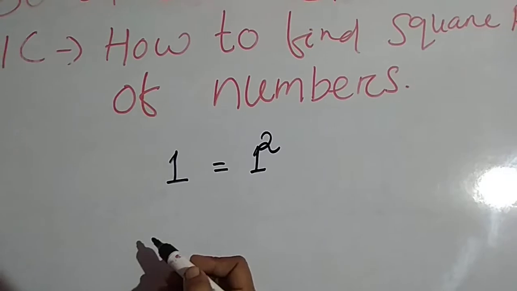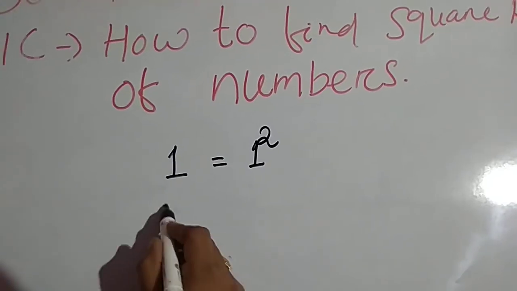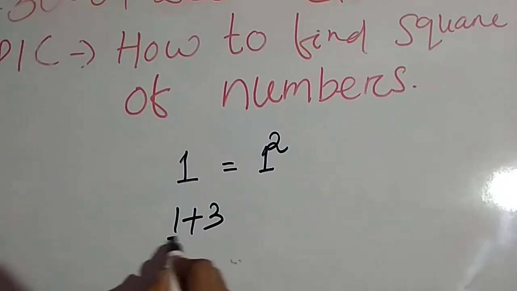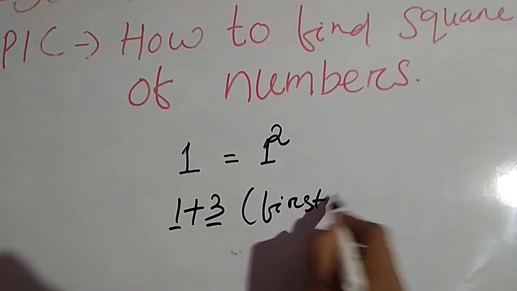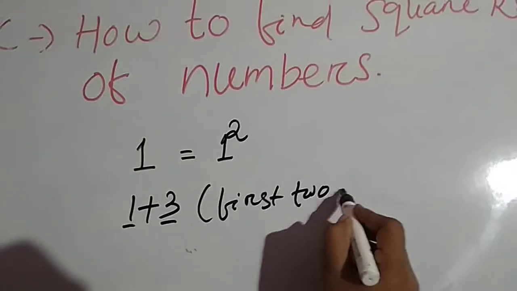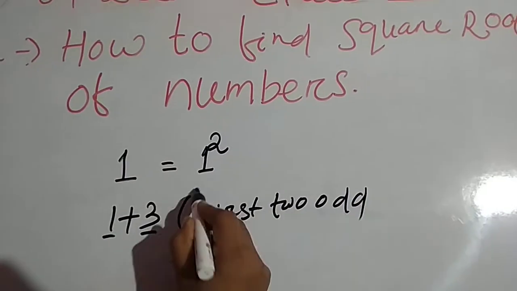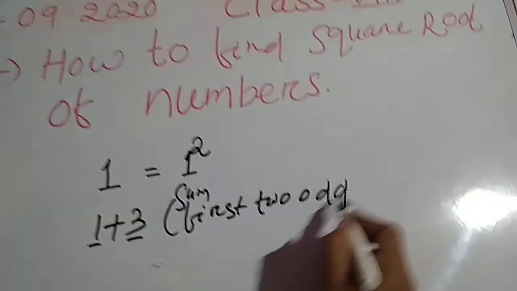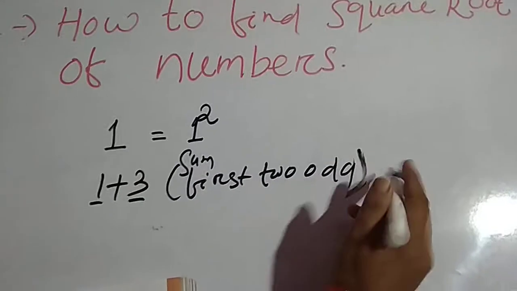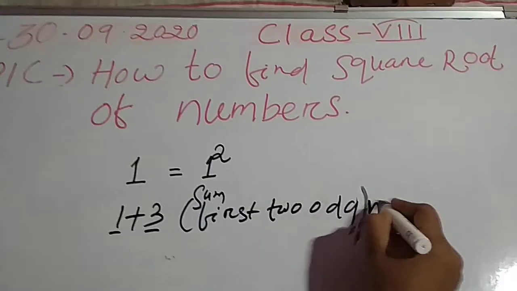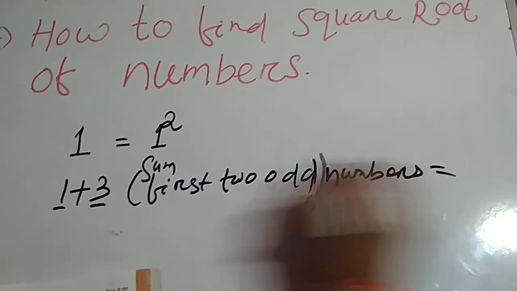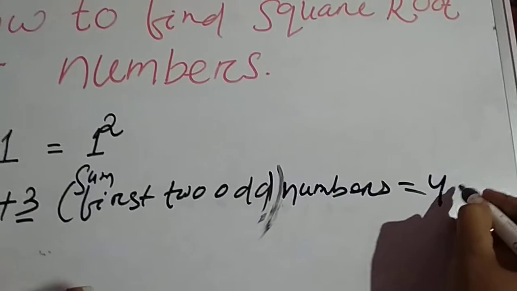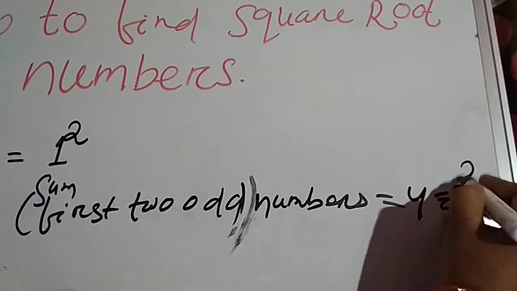Secondly, 1 plus 3, both are odd numbers. The sum of the first 2 odd numbers, 1 plus 3, how much? 4. So 4 equals 2 square.